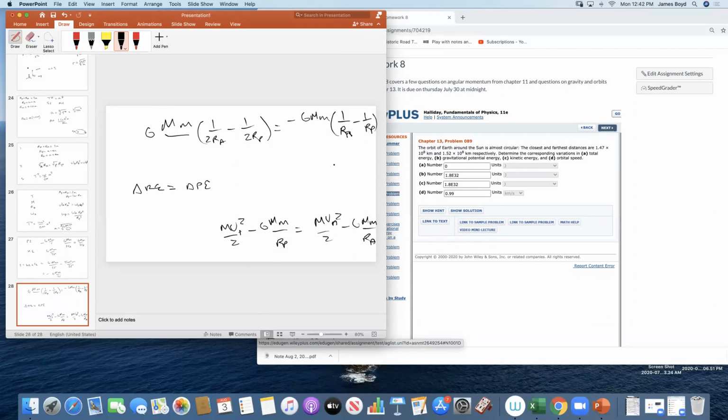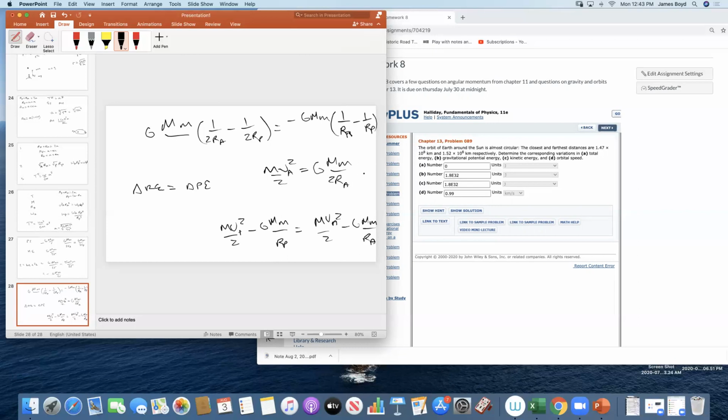And then finally, the change in orbital speed is hard to do. I do it in the solution. I'm not going to do it now. It takes a little bit of time to figure out. But you can just solve this for V and solve this for V. So the shorthand notation of it is solve mv squared over R equals GMm over RA squared.